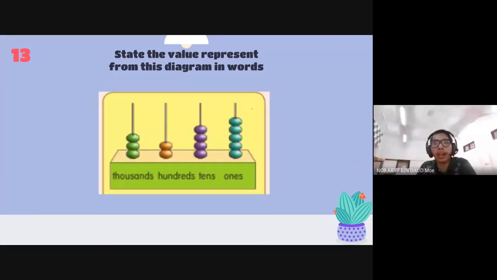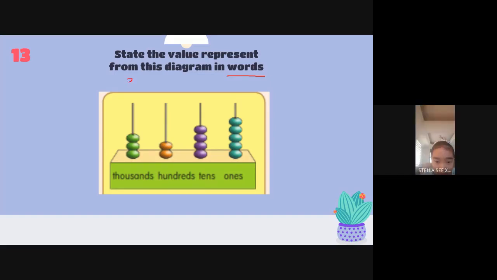Okay, for this question, still in the same, I want to ask Stella. State me the value for this diagram, Stella. 3,200. Cannot see so small. Thank you.